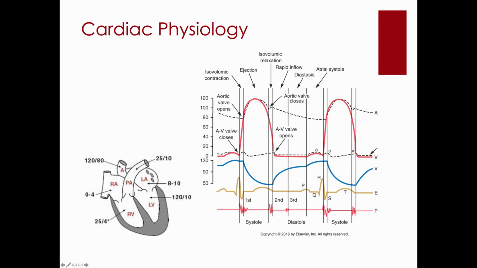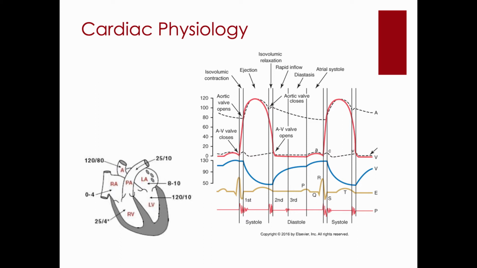the AV valves open, forcing the blood from the atria into the ventricles passively. The only reason the blood flows into the ventricle is because the pressure in the atria is greater than the pressure in the ventricles.